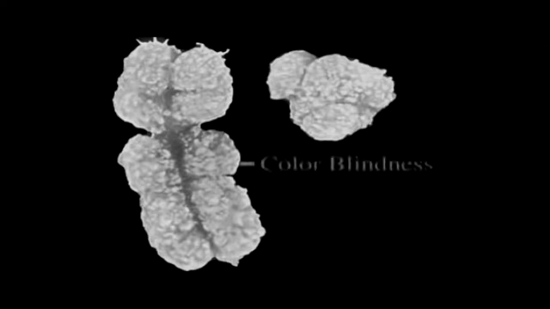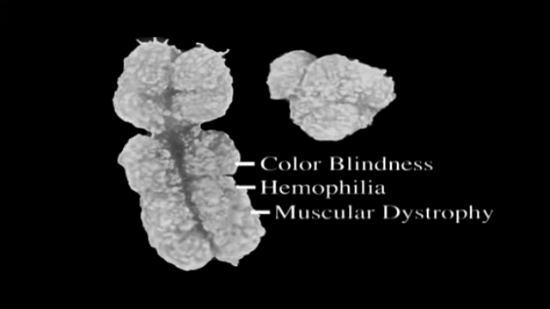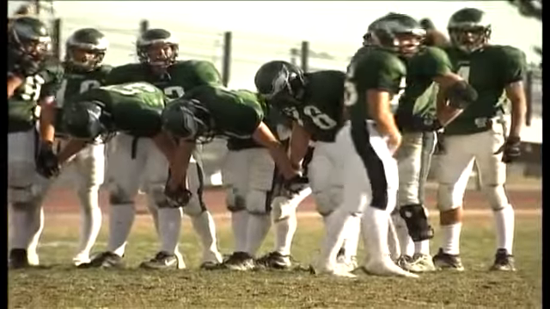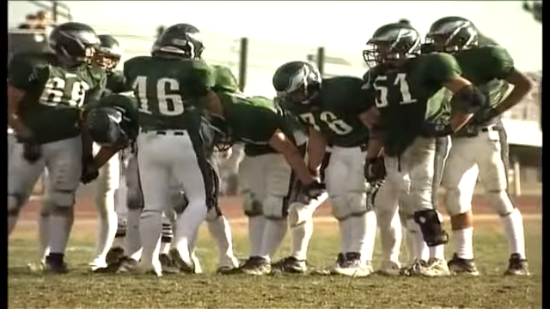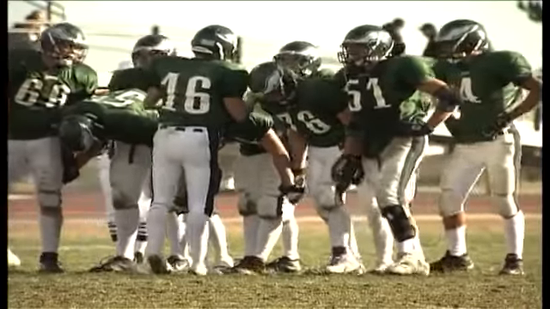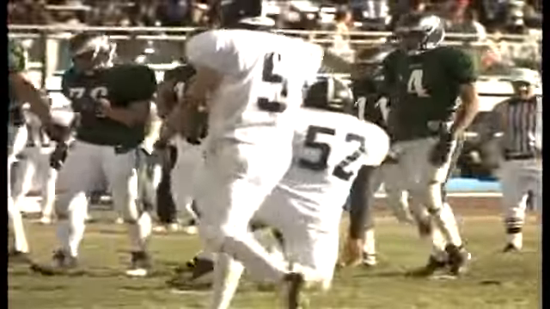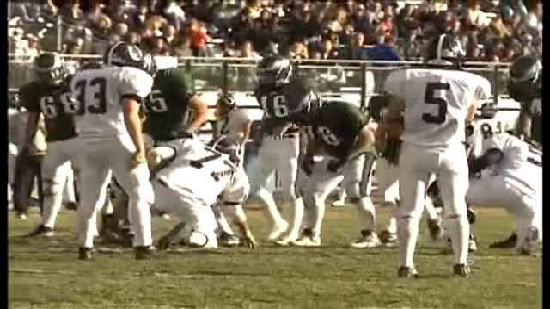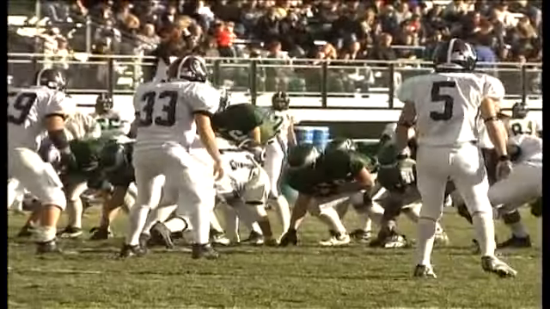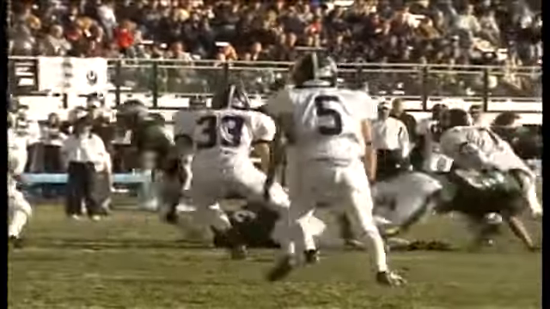Humans carry genes related to color blindness, hemophilia, and muscular dystrophy exclusively on the X chromosome. The fact that males have only 1 copy of the genes for these traits puts them at a much greater risk for these illnesses than females, as they have no chance of inheriting a second good gene that will mask the expression of a bad gene they may inherit.